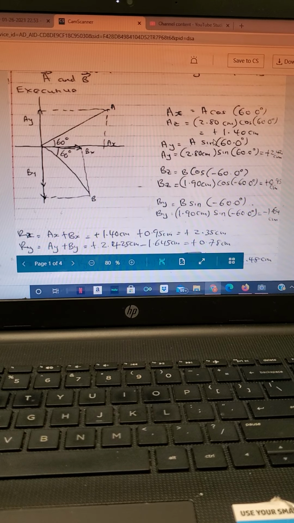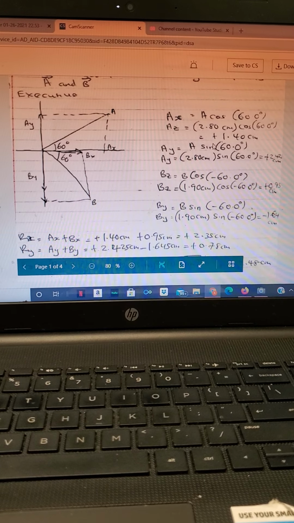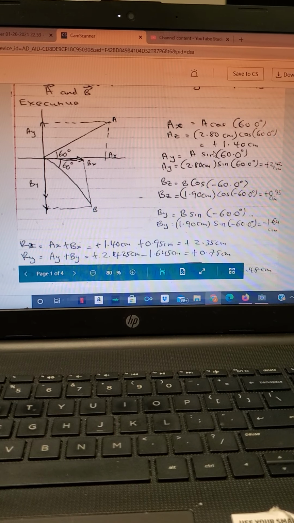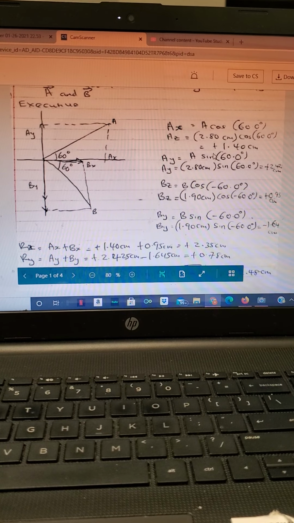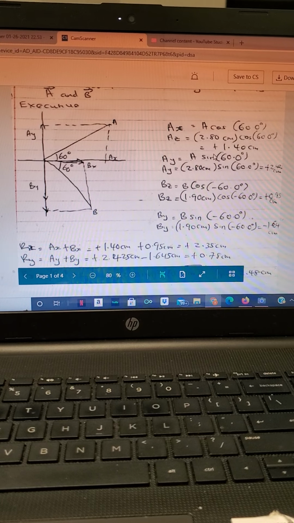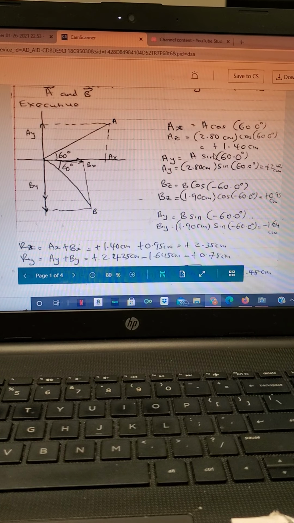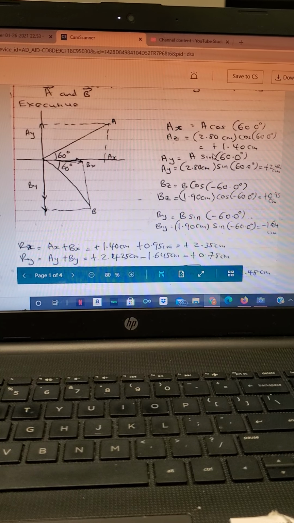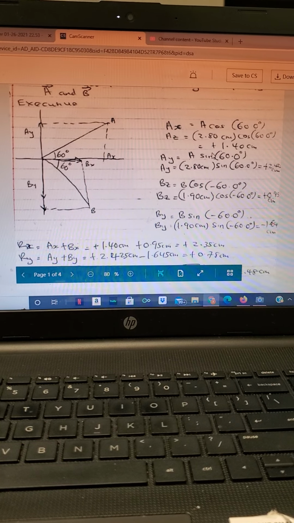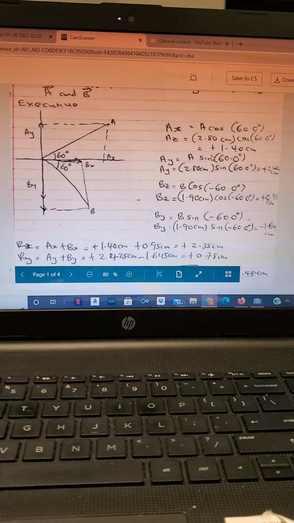I also calculated RY, the resultant on the y-axis, which is AY plus BY: 2.425 centimeters minus 1.645 centimeters, which will be 0.78 centimeters.